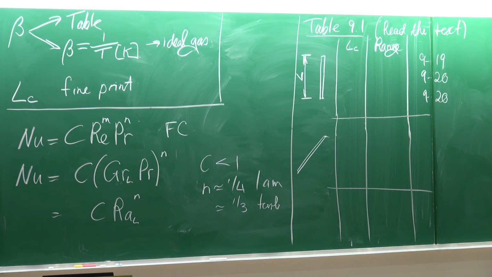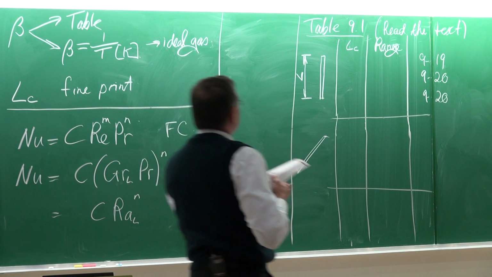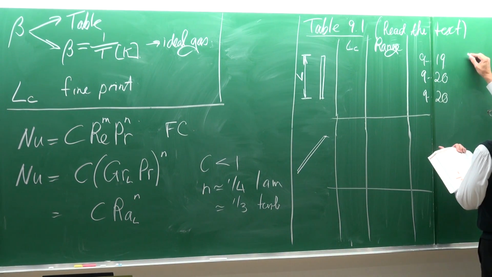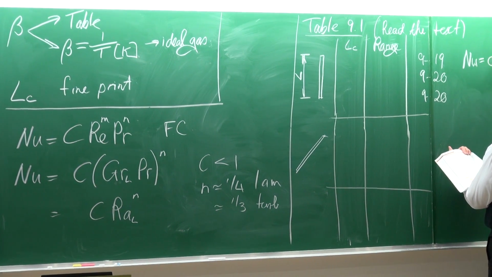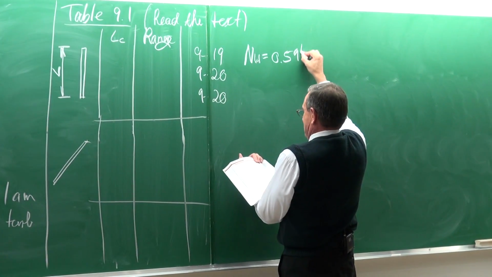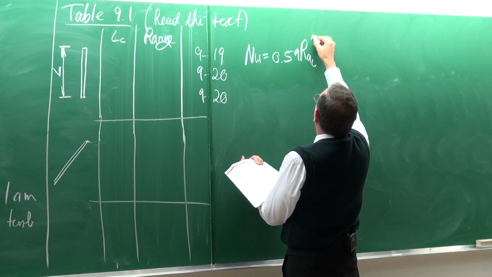For example, it says for the inclined plate, use the vertical plate equations for the upper surface of a cold plate and the lower surface of a hot plate, and replace g by g cos theta. So for example, this equation 919 is Nusselt number is equal to 0.59 Rayleigh to the power one quarter.